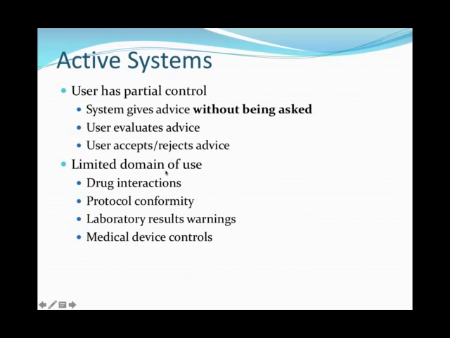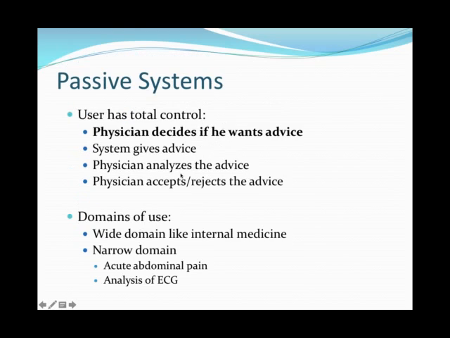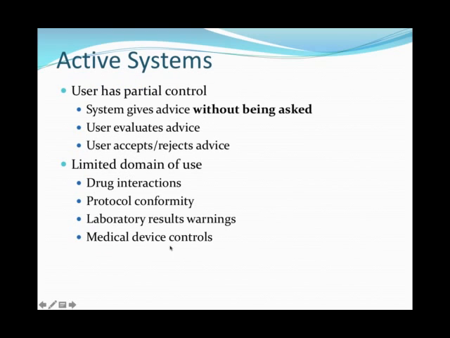We use this a lot of times because we can't use a system like this for every single patient, like we're not always going to be inputting data. But it can really be a part of the system that's built in so that it can always give you advice. For example, with drug interactions, if the computer knows all the drugs the patient is taking, it's always going to tell you what adverse drug interactions there might be.